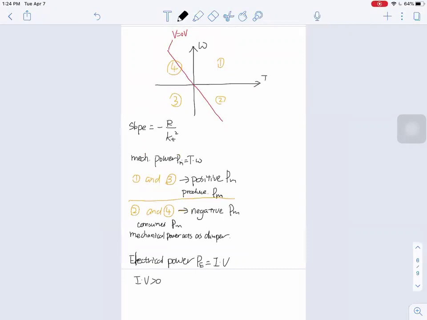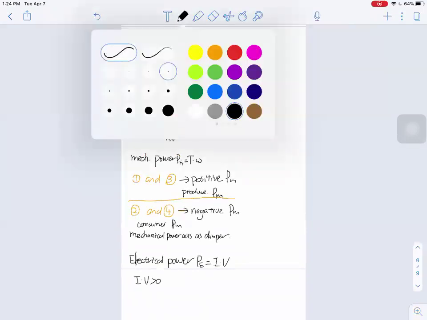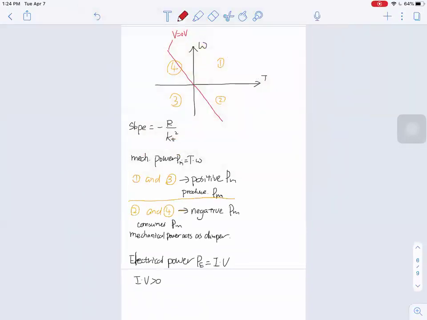How do I draw that? Draw this. That's this right shadow region.